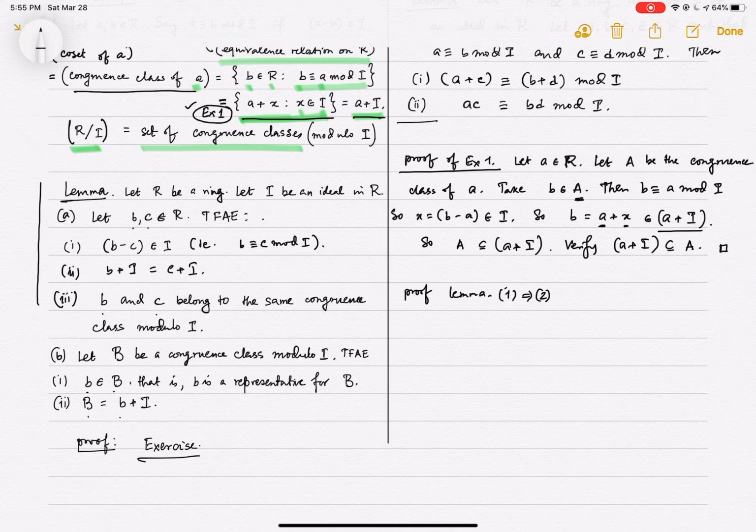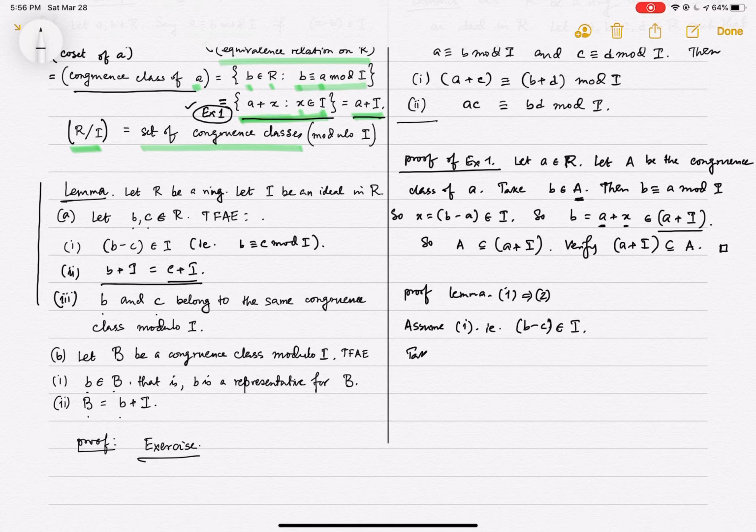I'm given this ring R, this ideal I, and two elements b and c in R, and I'm told that b minus c is in I. So assume 1, that b minus c is in I. What do I need to show? I want to show 2, that b plus I is c plus I. So I'm going to take something from c plus I and show that it's in b plus I. And the other inclusion will be similar.